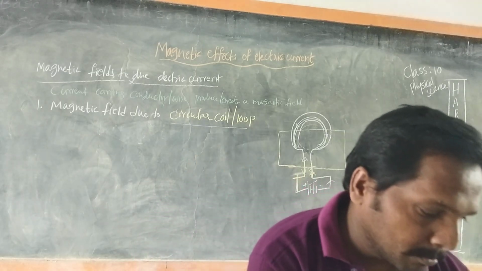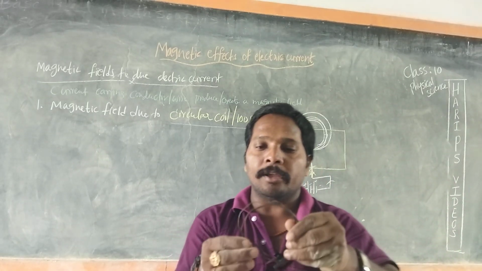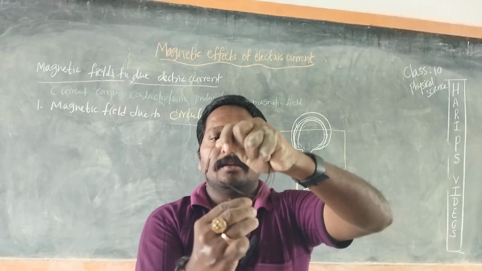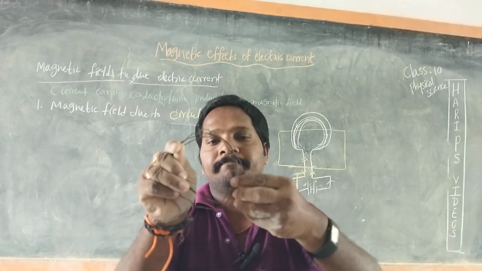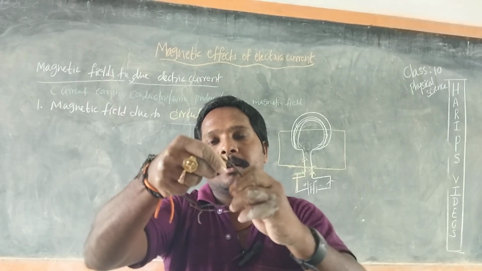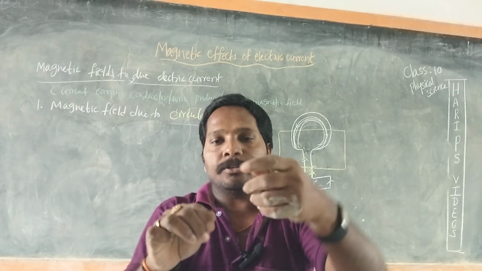In straight line movement, then in case of a circular coil, let us suppose it is like this. Okay, for the straight current carrying conductor we understood.